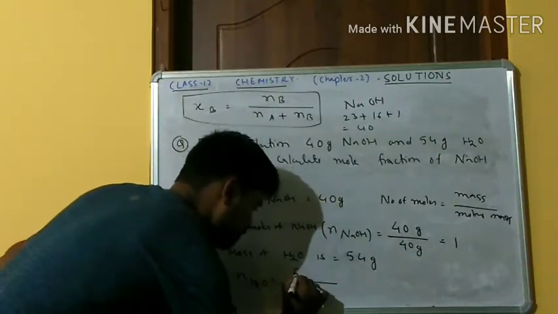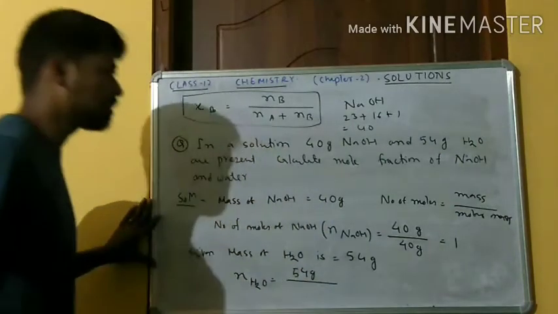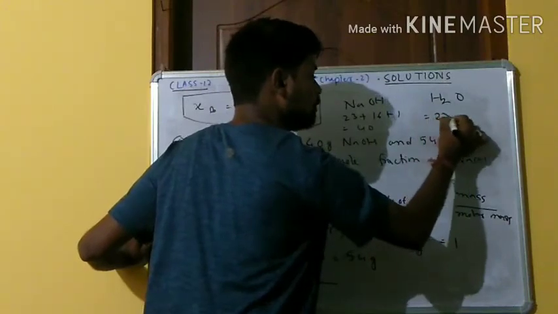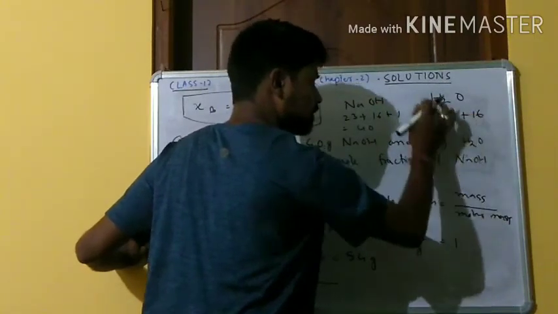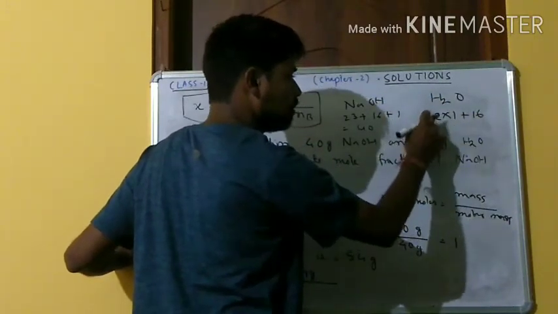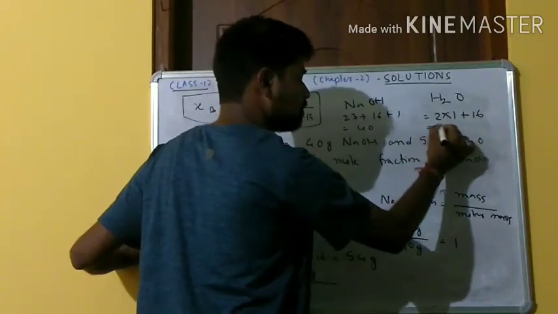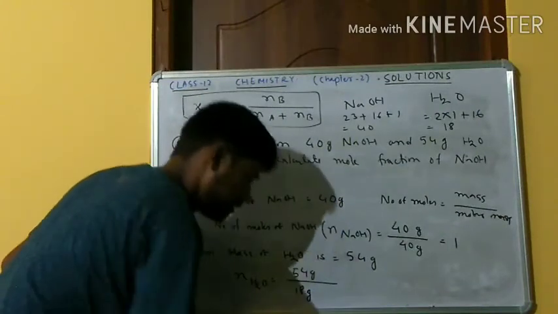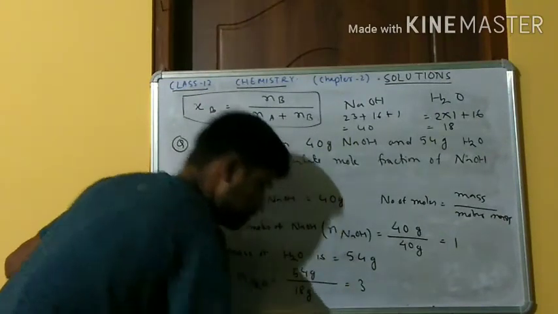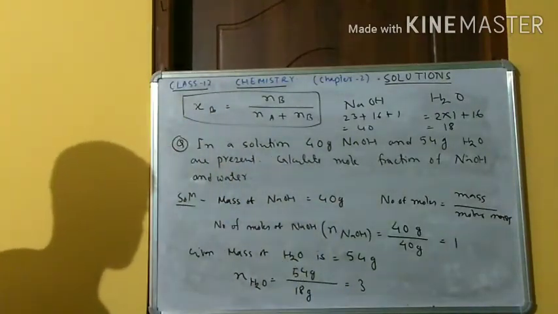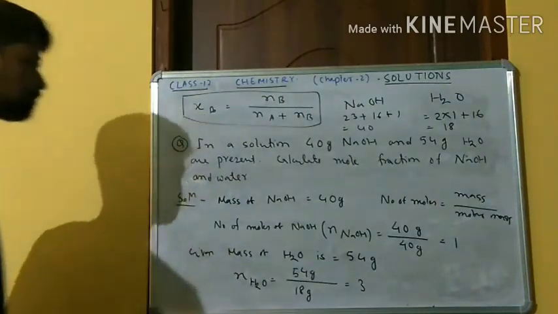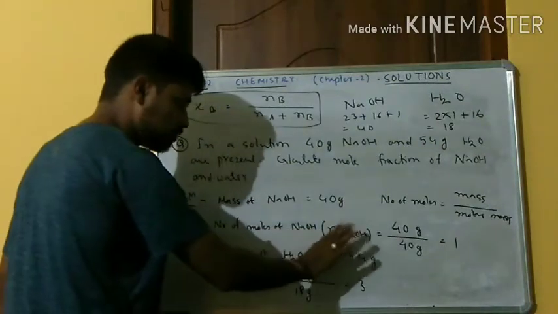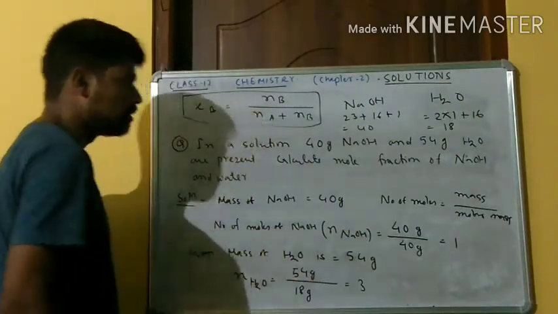The molar mass of water, H2O, is 2 into 1 plus 16. There are 2 hydrogens, each of mass 1, so it becomes 18. So the moles of water is 3.